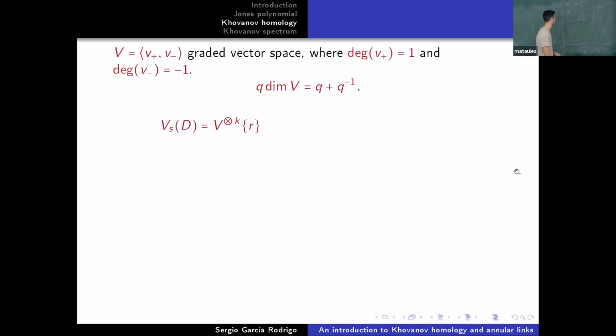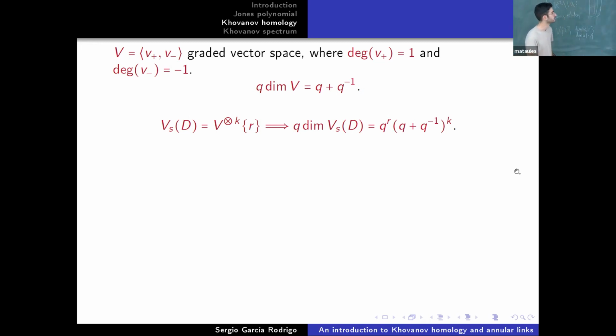So for example, if we have something like V shifted by 2, we have a generator v plus with degree 1. So in this space, the degree of v plus is going to be 3, and the degree of v minus is 1. Okay, we just add r to this degree. Why is that? Because if we now compute the dimension of this space, this shifting in degree basically multiplies the dimension of every generator by q.